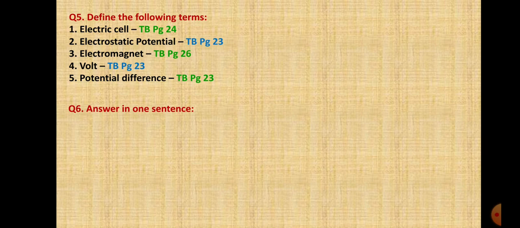You have to add a word there. Yes, you will write the difference between the electrostatic potential of two points. Before potential, you will add the word electrostatic. I am repeating.